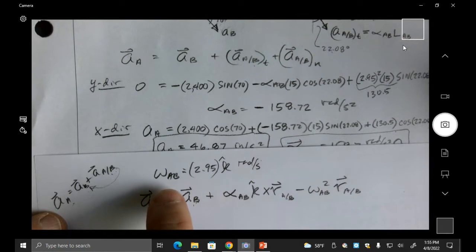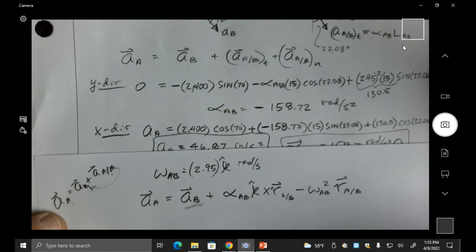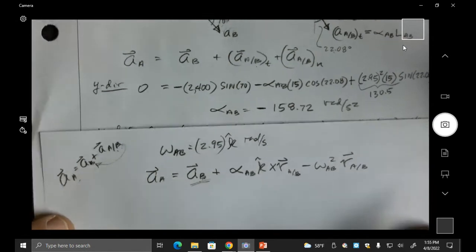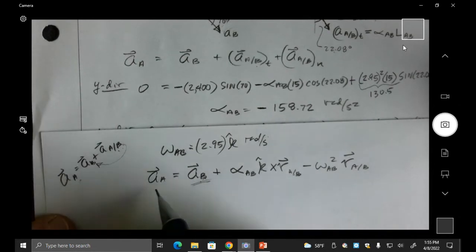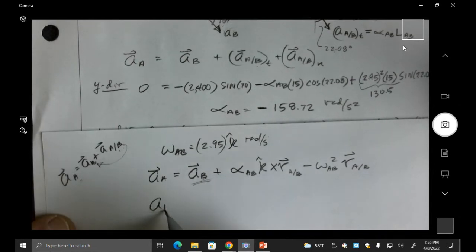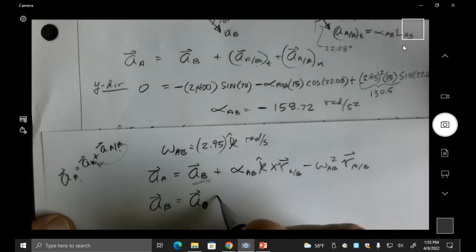So we need the radii, yes. And we also need this, right? Maybe if I had pre-thought of this, we also need to write out the acceleration of B is equal to the acceleration of O. I just made that into a theta accidentally.